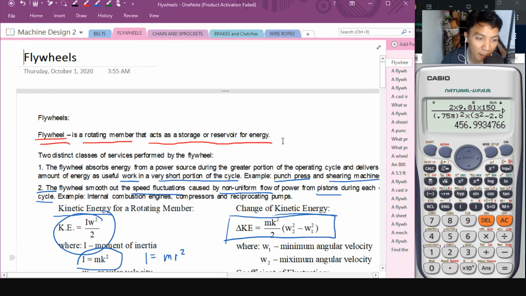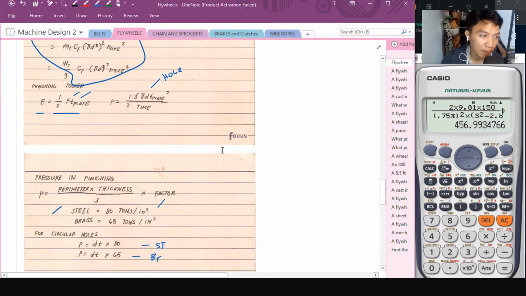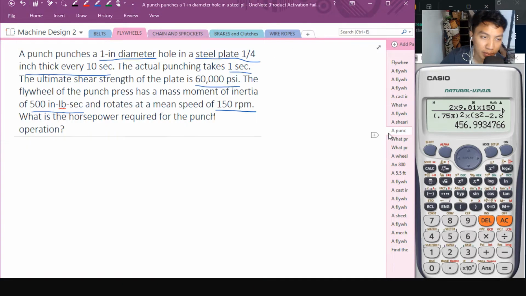Oh, go back. Ano ba hinahanap dyan? The power. Power of punching. Ito yun. That is, power of punching is 1/2 nung shear stress.